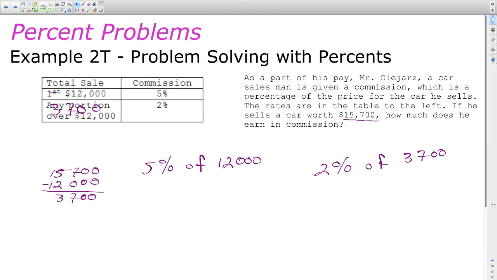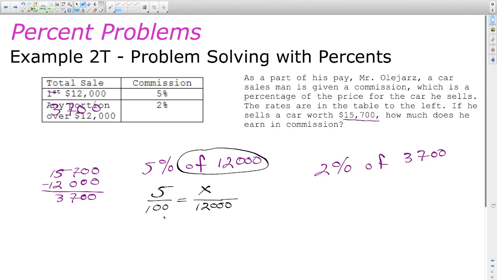5% of 12,000. Well, that's a find the part problem. So it's going to be 5 over 100, using that percent proportion, equal to x over 12,000. Now, why do I know 12,000 goes in the denominator? Because it's next to the word of. It's 5% of 12,000 is what number?